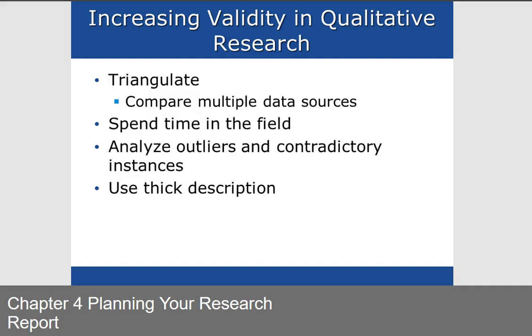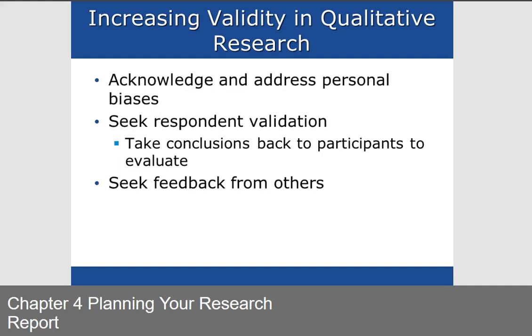I not only asked individuals, but then I interviewed their friends, and I surveyed their friends, and then I triangulated the data to also have, again, greater accuracy and validity to my findings. We also want to make sure that we analyze anything that's outside of the norm, those outliers, and be able to explain any contradictory information and really describe it as best as we can.